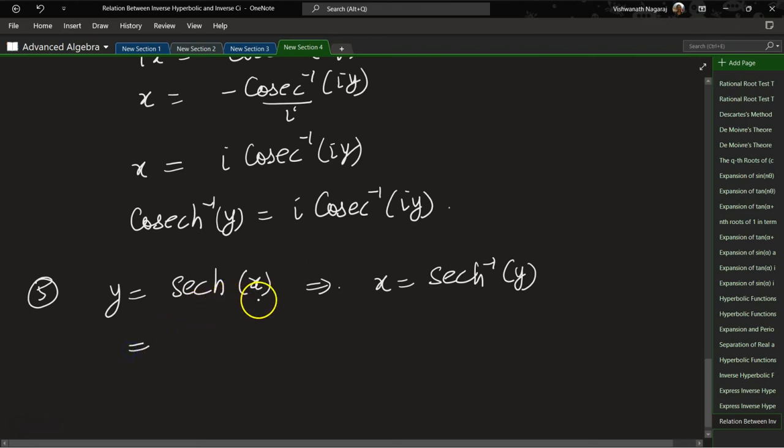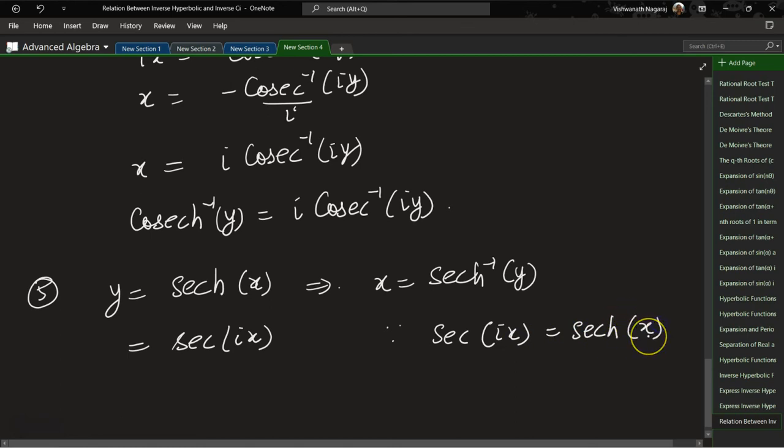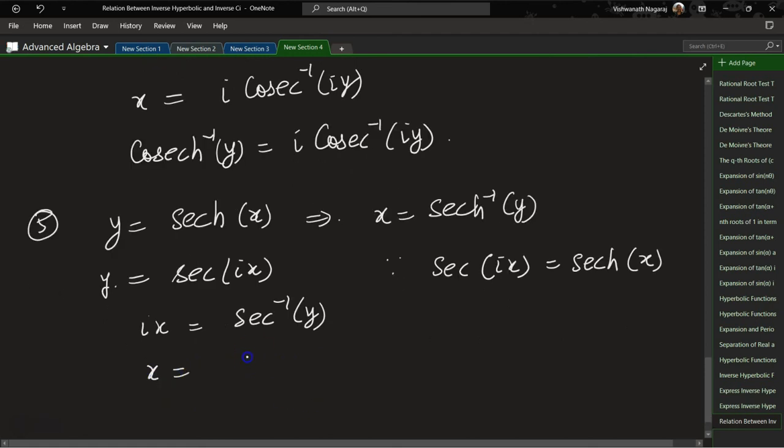Now hyperbolic sec x can be written as sec ix, since sec ix is equal to hyperbolic sec x. Now this is y. That means we can write ix is equal to sec inverse of y. That means x is equal to sec inverse of y by i, which becomes minus i sec inverse of y.